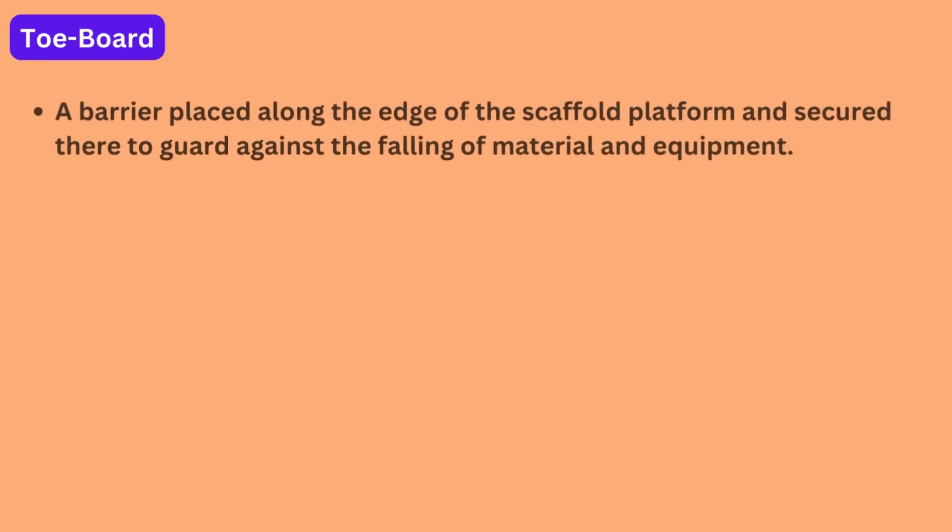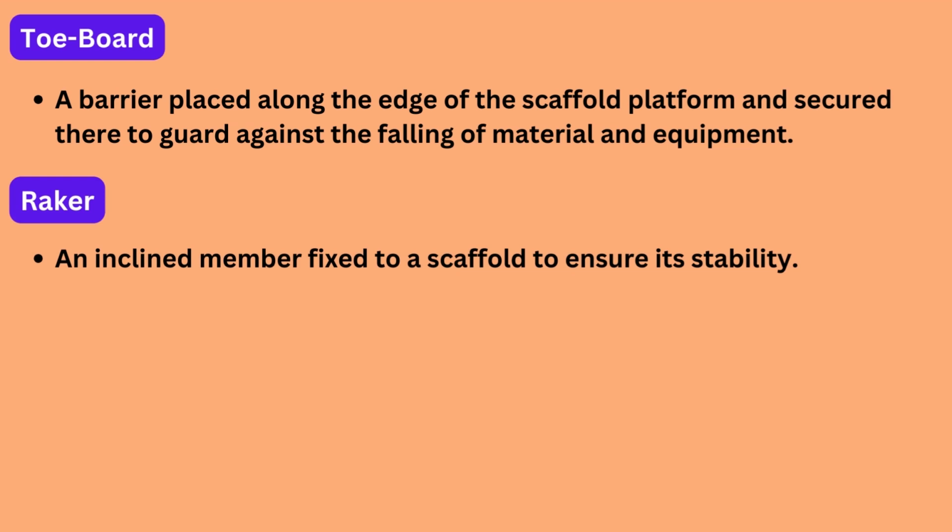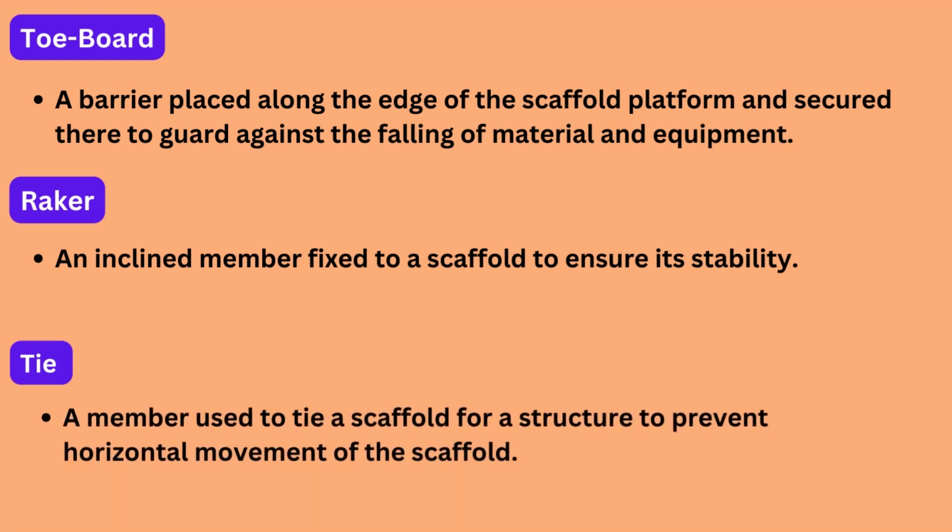A toe board is a barrier placed along the edges of the scaffold platform and secured there to guard against the falling of material and equipment. Then the raker. It is an inclined member fixed to a scaffold to ensure its stability. Then the tie. A tie is a member used to tie a scaffold to a structure to prevent horizontal movement of the scaffold.